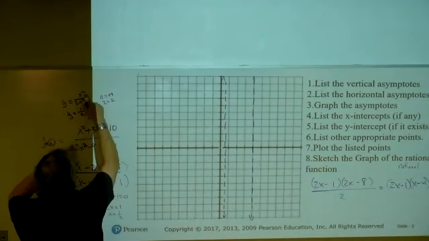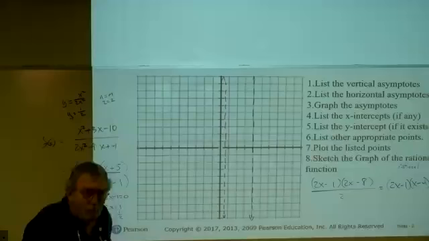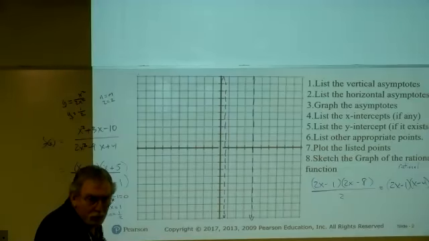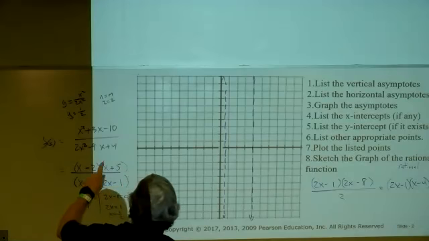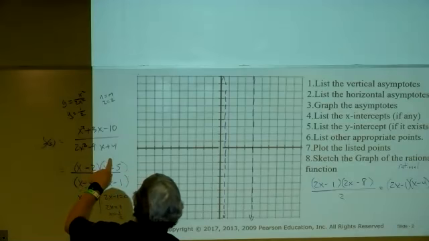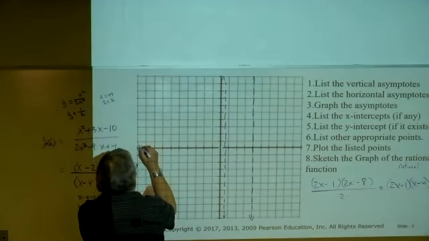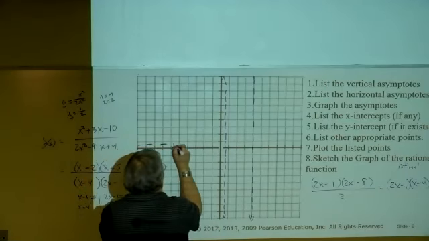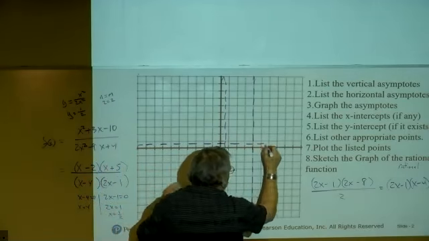If this was a 1 up here, then it would be y equals 0. So at y equals 1/2, this horizontal line, we have a horizontal asymptote.